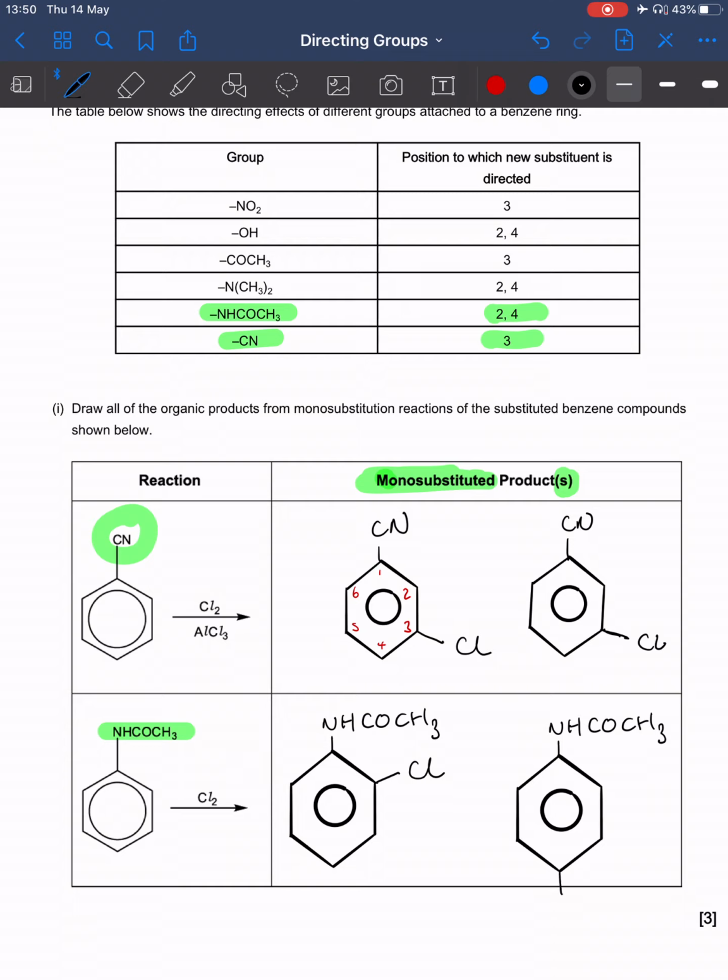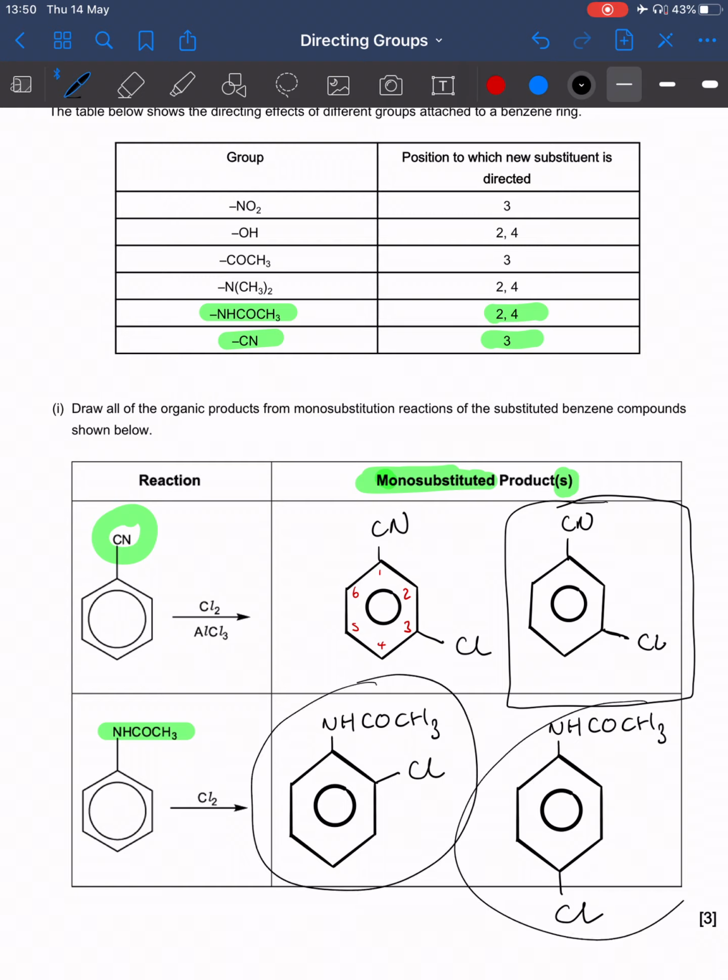Or the fourth. And that is why we're looking at 3 marks here, because we have only 1 product formed in the first reaction, but there are 2 potential products in the second. So that's 1 mark, 2 marks, 3 marks.